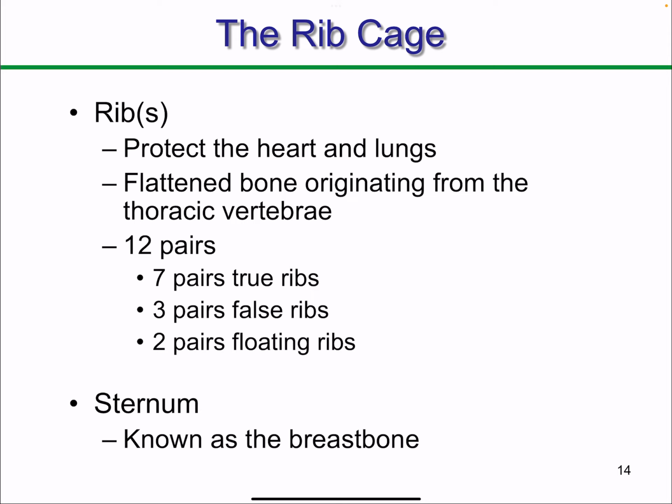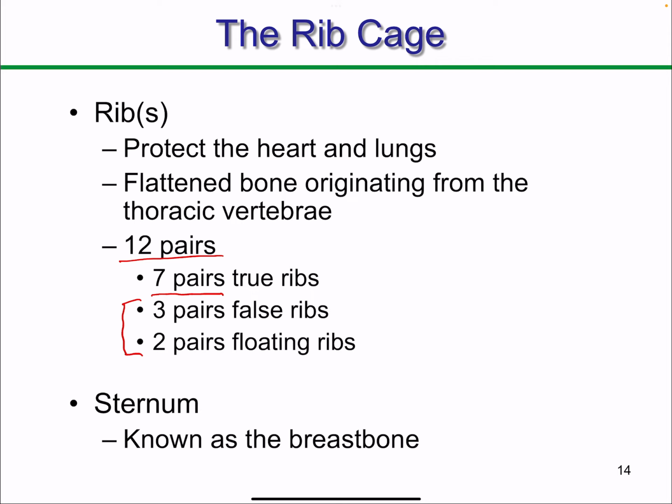You are going to have 12 pairs of ribs. These 12 pairs of ribs are organized in groups of false ribs and true ribs. You have 7 pairs of true ribs and 5 pairs of false ribs.